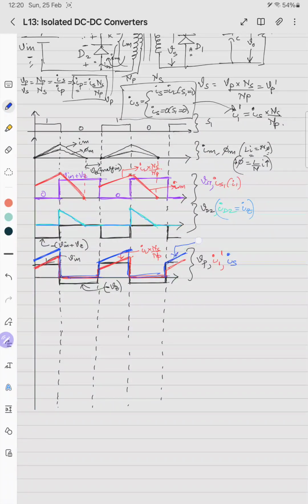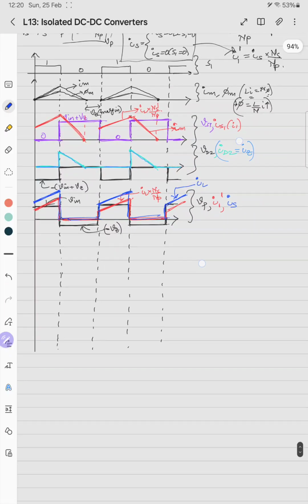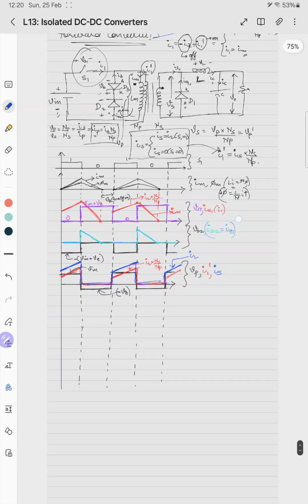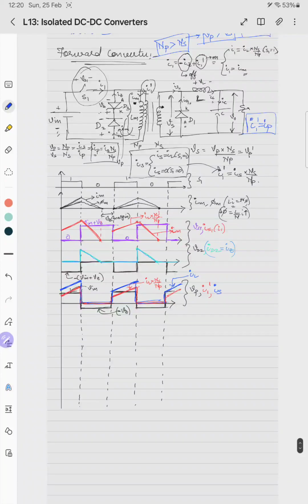This is equal to IL. I hope you understood the waveforms VP, I1 dash and IS. I1 dash equals IP. So I1 dash is nothing but IP.